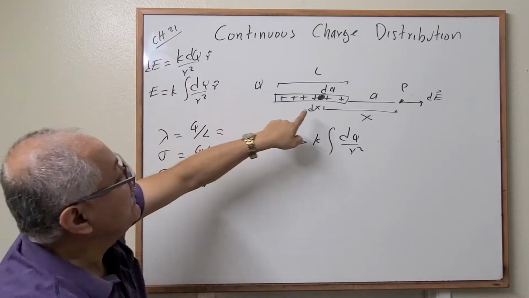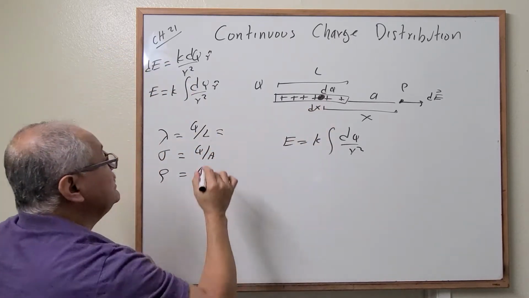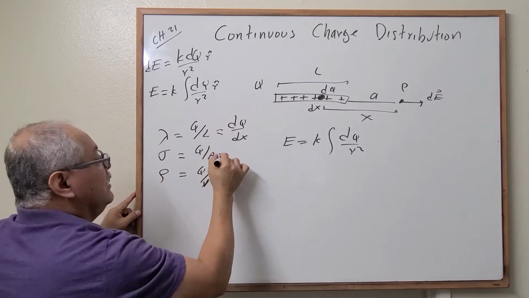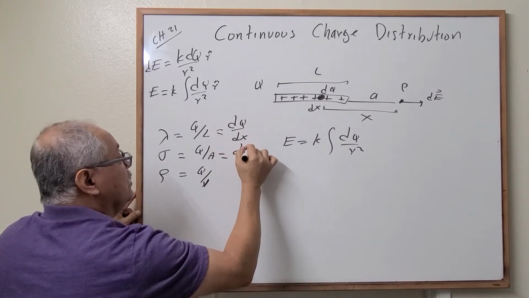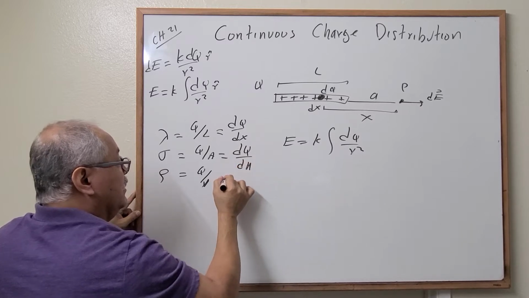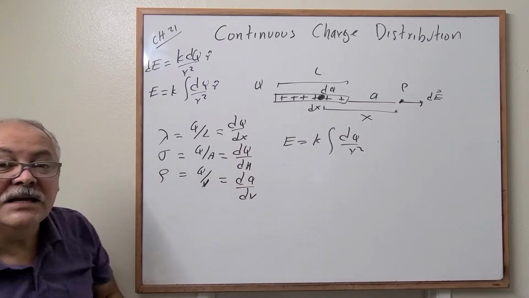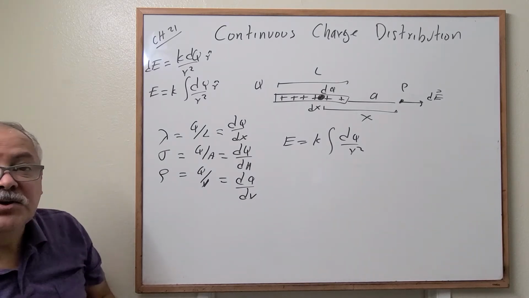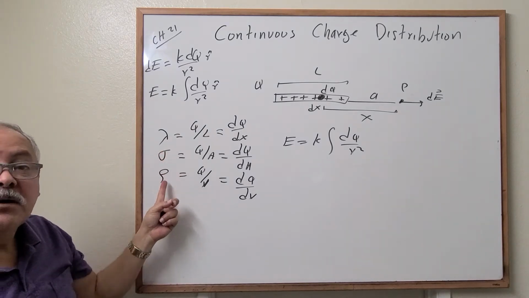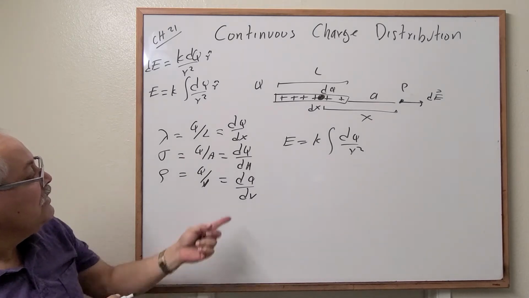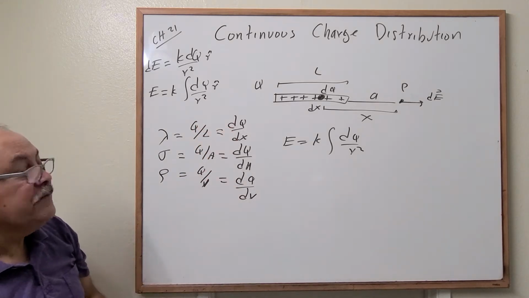Using infinitesimal charges, this is the same as dq over dx, dq over dA, and dq over dV. So depending on whether the distribution is linear, surface, or volume, that is the relationship.